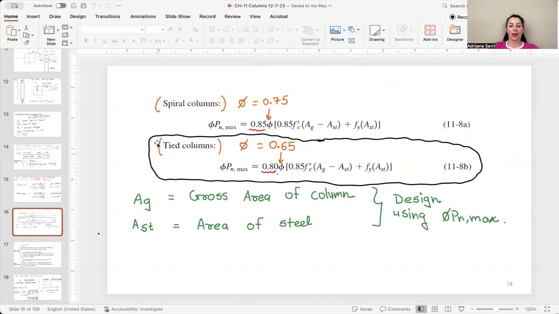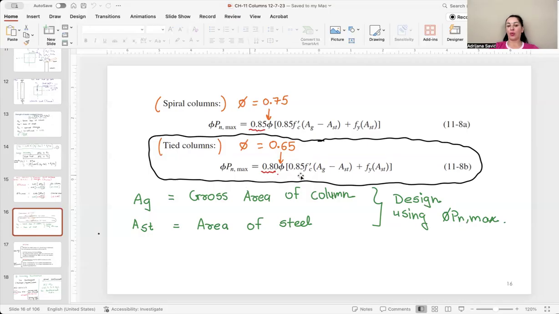So spiral columns have the equation phi Pn max equal to 0.85 times 0.75 times [0.85 f'c times the gross area of the column minus the steel area of the column, plus the yielding stress times the steel area of the column]. For tied columns, it will be 0.8, and here, instead of 0.75, 0.65.